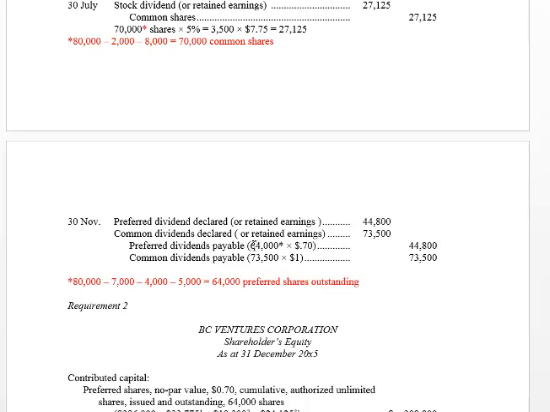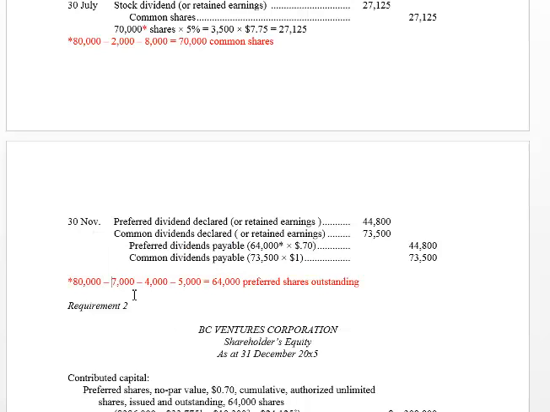So I've calculated here 64,000. How did I get that? Well, you remember on January the 1st, X5, we had 80,000 preferred shares that were issued and outstanding. That's in the little equity section that we gave you.